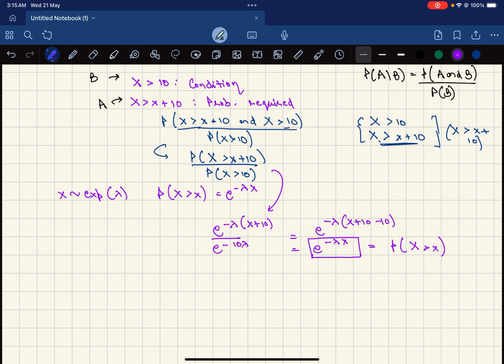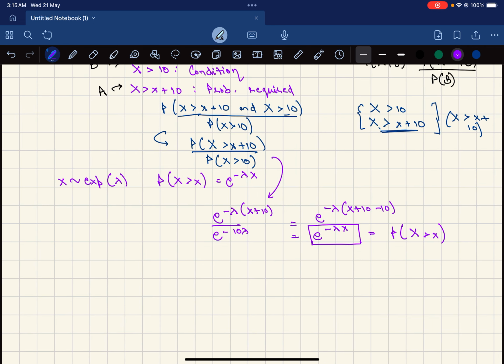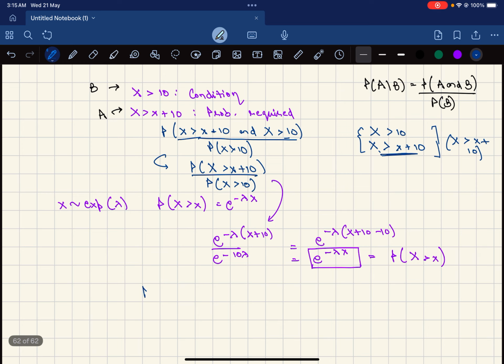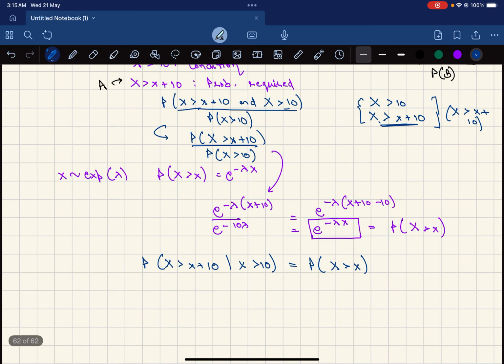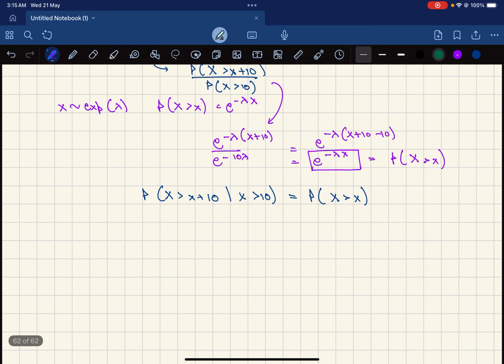Therefore, what we can conclude here is P(x > x plus 10, given that x is greater than 10) is nothing but P(x > x). Now what does this mean based on our given problem statement?